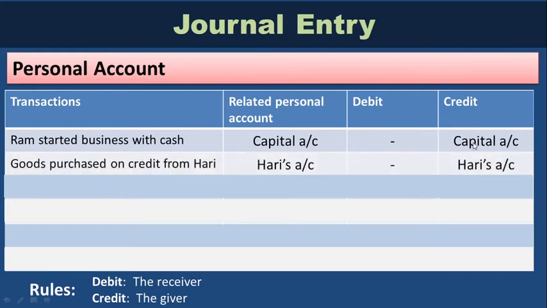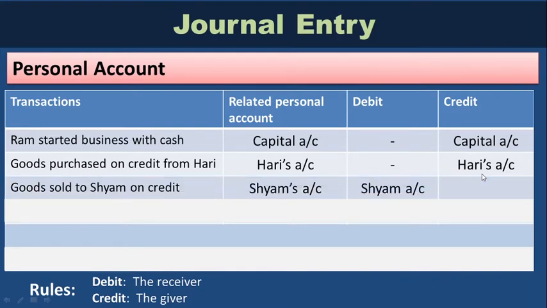The next one, goods purchased on credit from Hari. Here, the related personal account is Hari, and Hari is giving goods to the business, so Hari's account is credited. Whatever the debit transaction occurs, Hari's account, the personal account in this transaction, is credited.